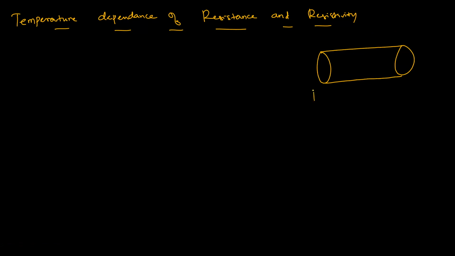If I take the initial resistance of this conductor to be Ri, and the final resistance to be Rf, so when will this final resistance occur? When either heat is supplied to it or taken away, its temperature is going to change. So when there is a temperature change, R final will be equal to R initial multiplied by 1 plus alpha into delta T.